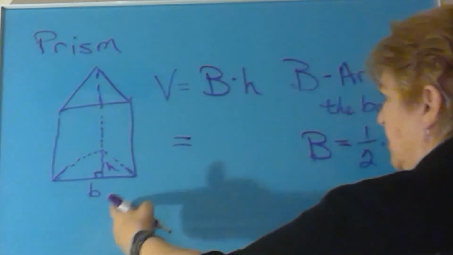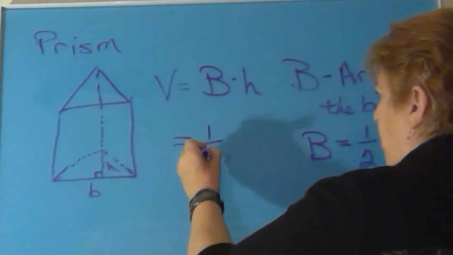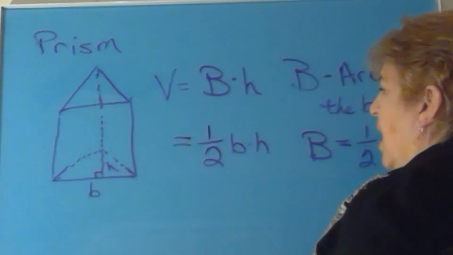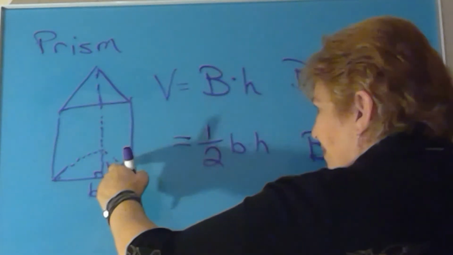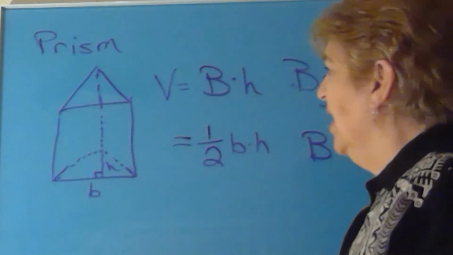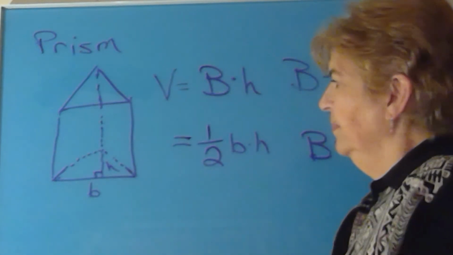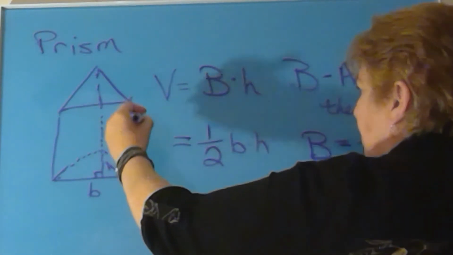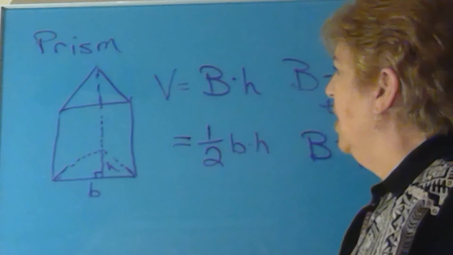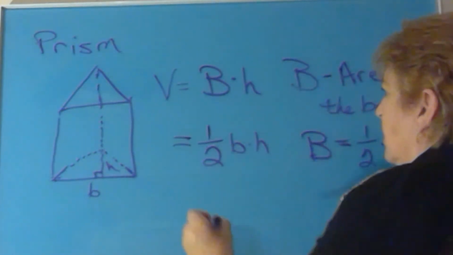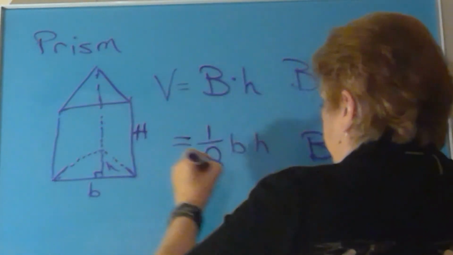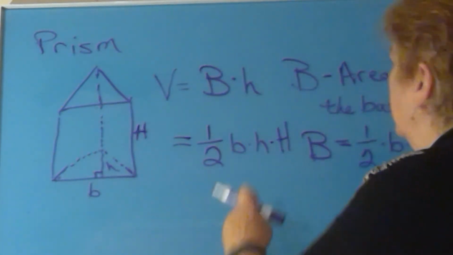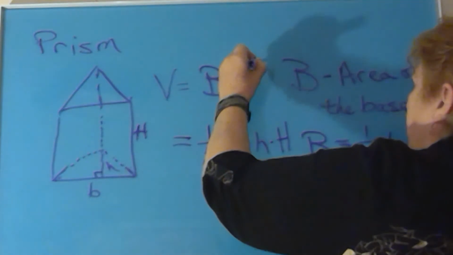So I would start with 1/2 the base times the height of the triangle. And then you have to multiply that times the height of the prism, which I'm going to call capital H, simply so that there's a difference. We'll use a capital H up here also.